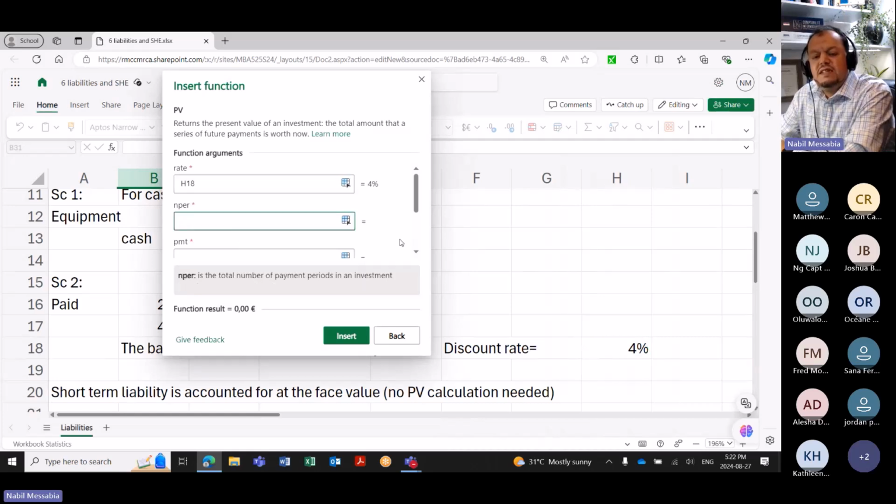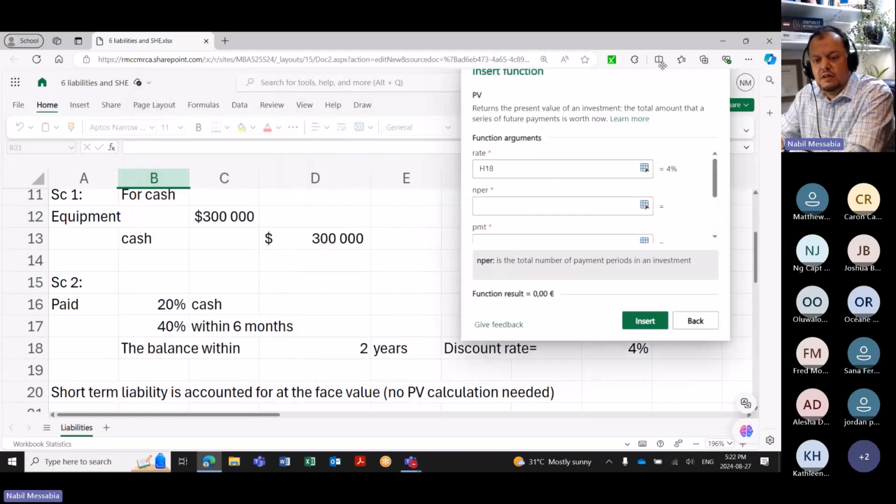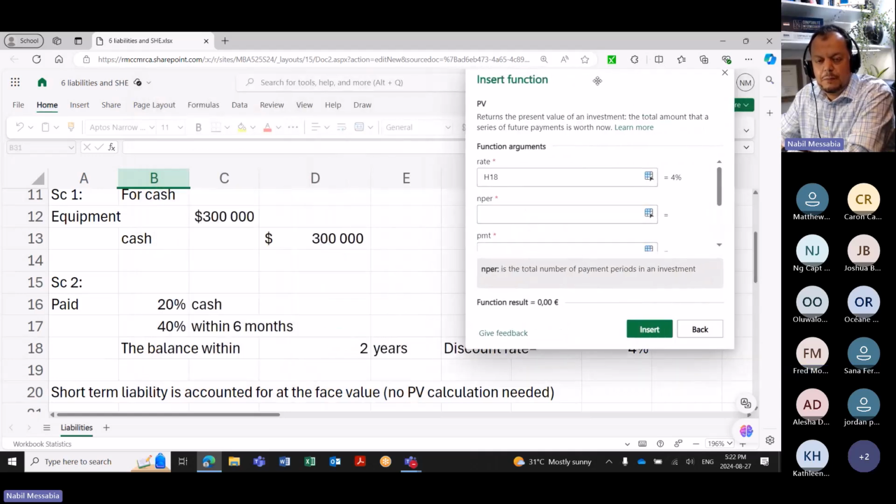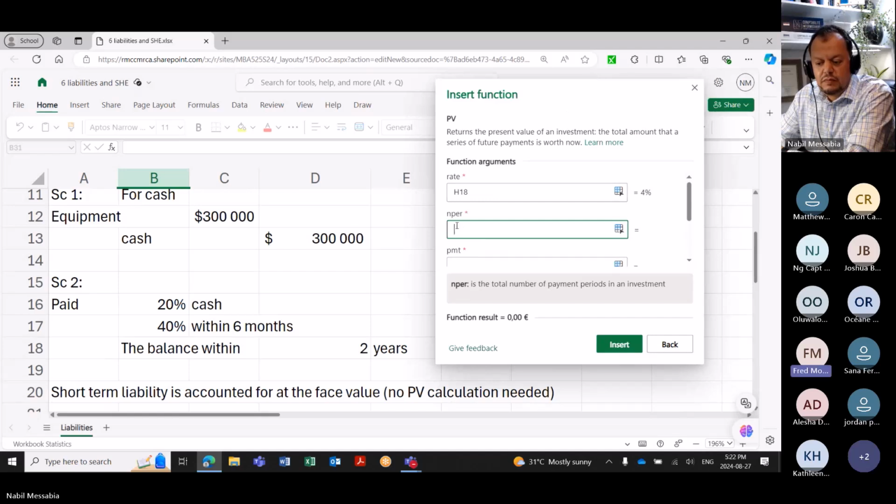And then what is n, the number of periods? In order to calculate the present value, you need the discount rate and you need n, the number of periods. In this case, how many periods do we have? 2 years, because the period is related to the rate.